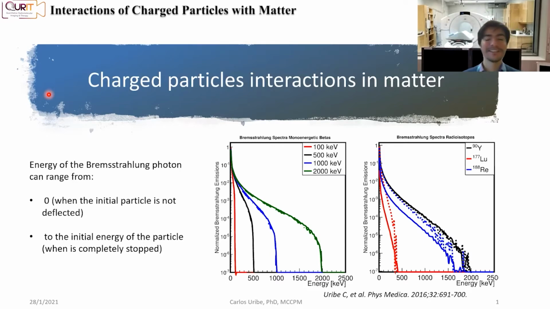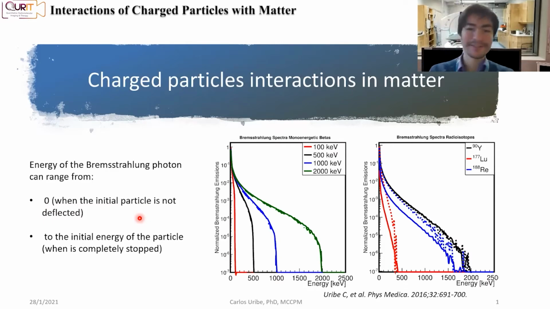These are some simulations that I ran in the past, in which I put some particles in water and looked at what the Bremsstrahlung spectrum looks like, looking at the energy of those Bremsstrahlung emissions. There can be zero when the initial particle is basically not deflected.